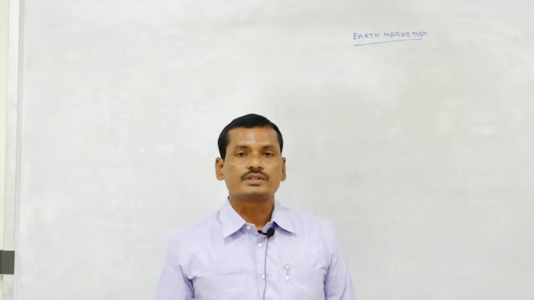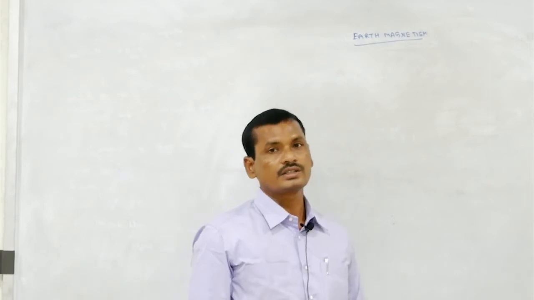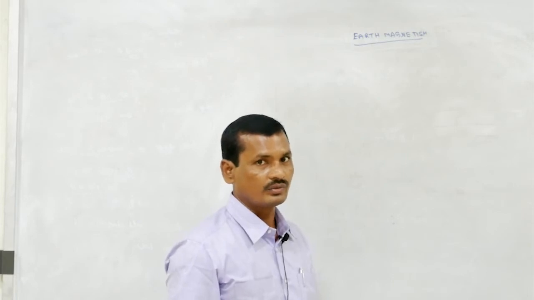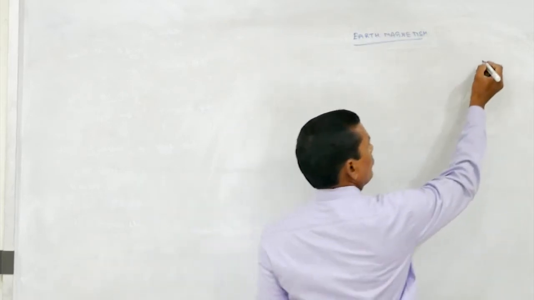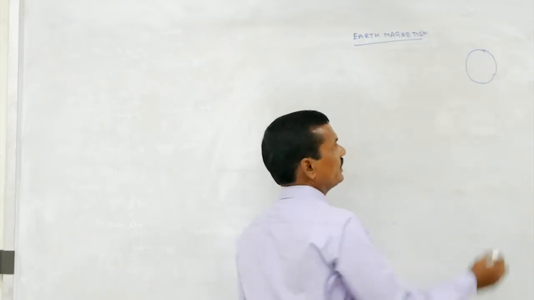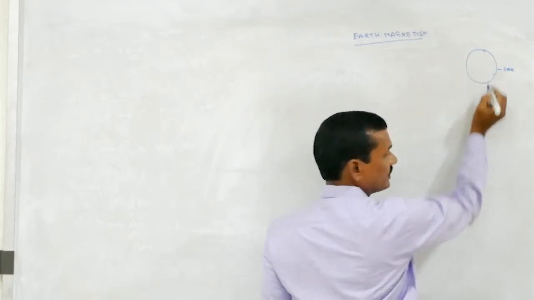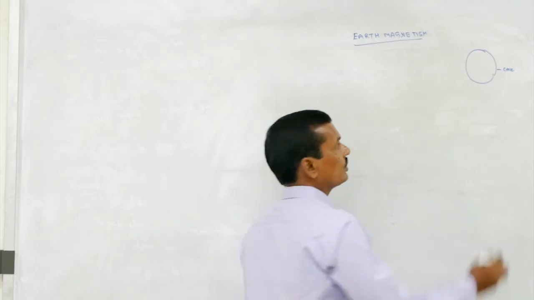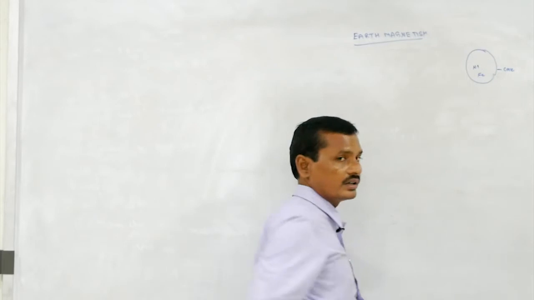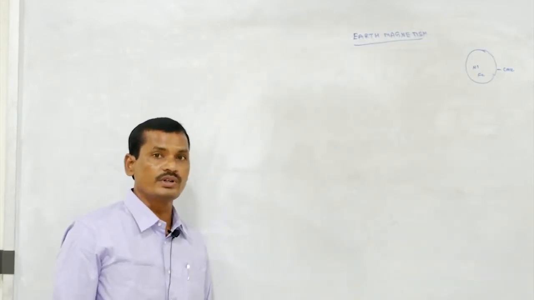And the next topic is earth magnetism. In the introduction, we already told that the earth acts as a huge magnet. Why? The inner part of the earth, the core of the earth, beneath the crust and mantle, contains nickel and ferrous ions. These nickel and ferrous ions are in the form of fluids.